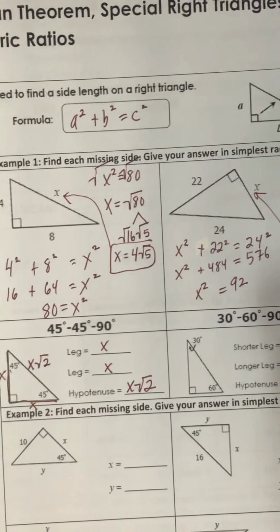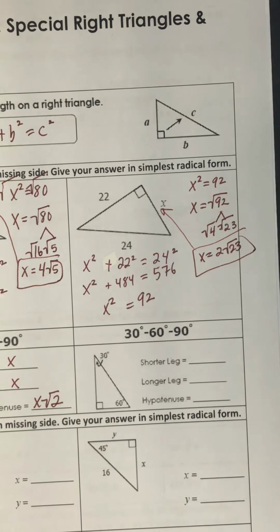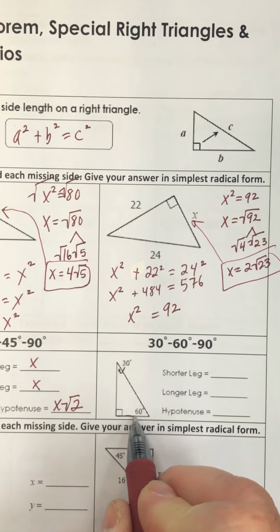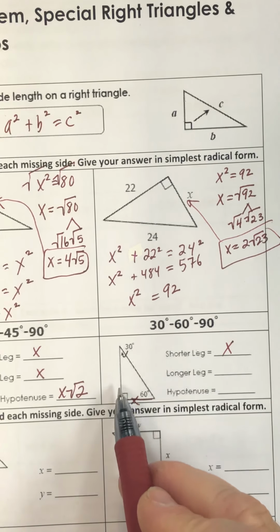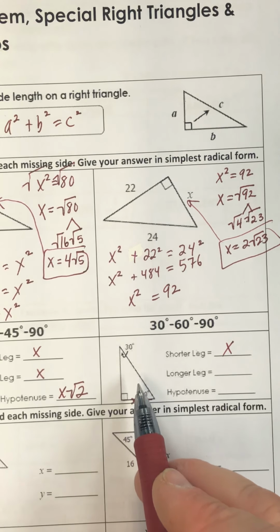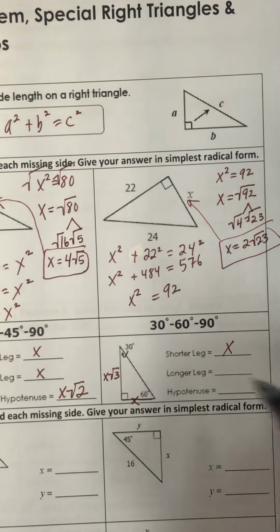Okay, so let's go over here to fill in this information for 30, 60, 90. The short leg, let's just call the short leg x. Then how does that relate to the long leg? Well, the long leg is the square root of 3 times the short leg.